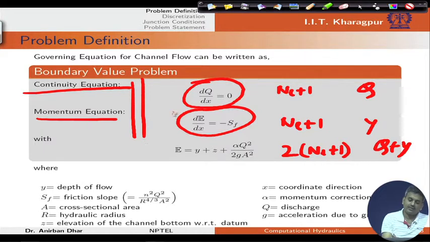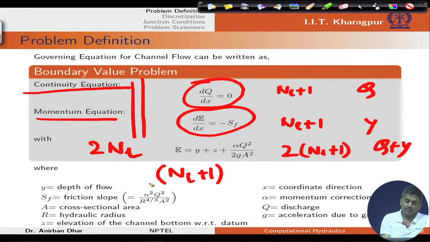So, obviously we will get 2 NL number of equations here, and we need 2 times (NL plus 1), that means these many variables. So, extra equations we have to add to get the solution.